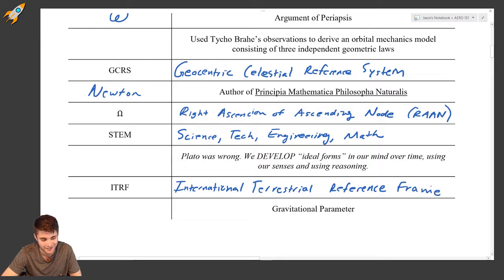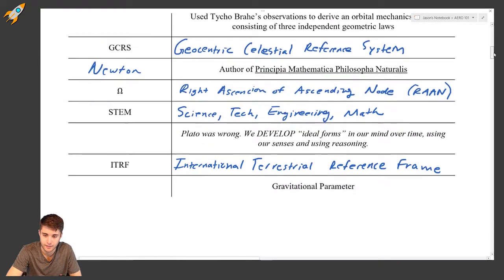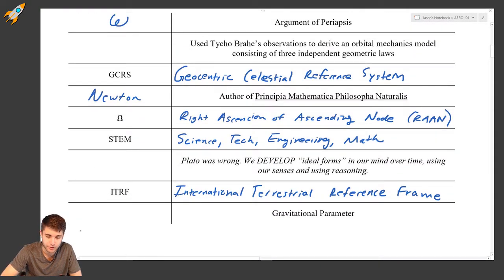That's not what it is in English, but you absolutely got it. Good job, Mr. Cap. It's Ptolemy. It was Ptolemy. You got it. So we've got, and gravitational parameter we define as this mu character, right? That's what we define as gravitational parameter.